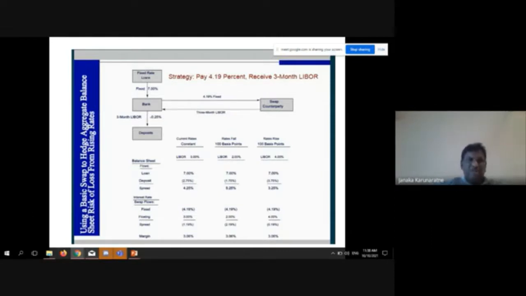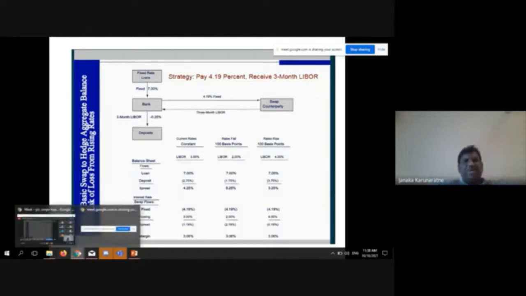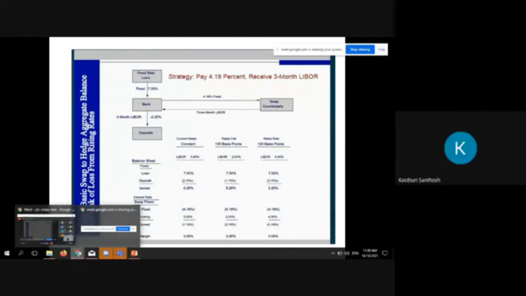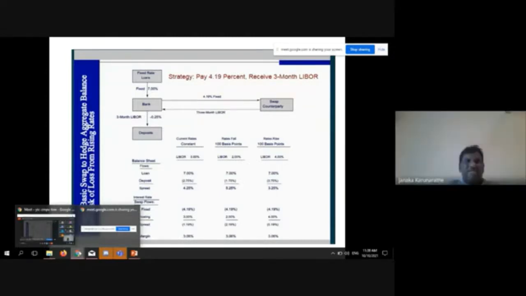Anybody? What is the risk to you under this scenario? I mean, you are the risk manager. Now you have to identify the risk. Without identifying the risk, you can't do anything. If the interest rate increases, what happens?